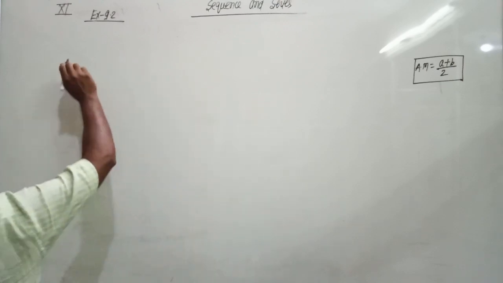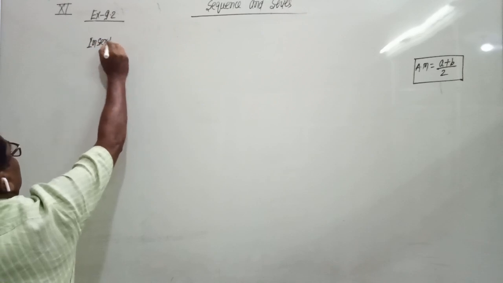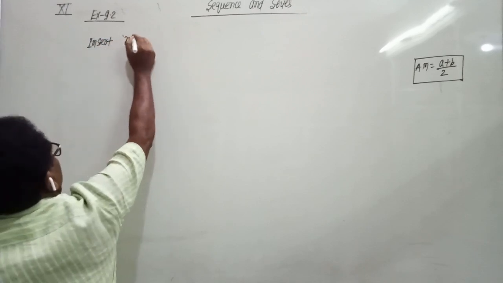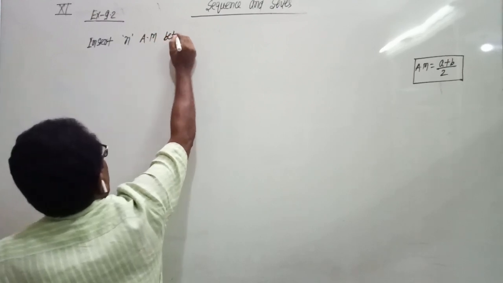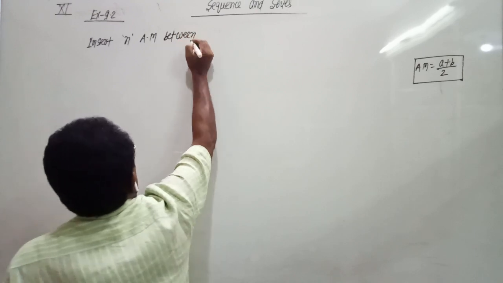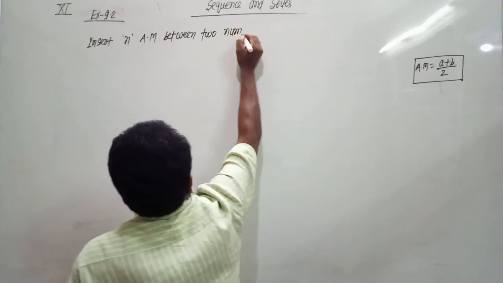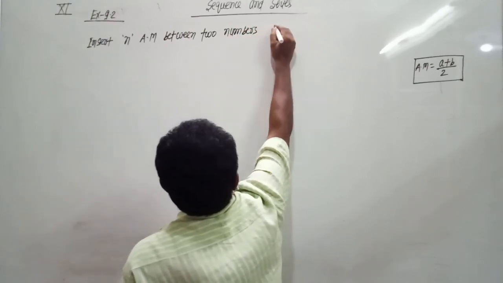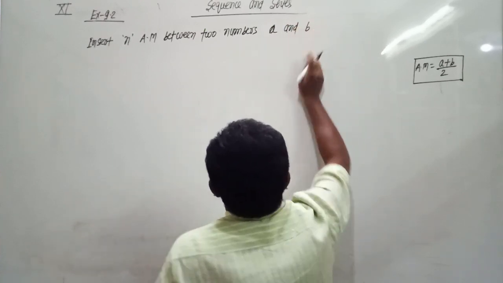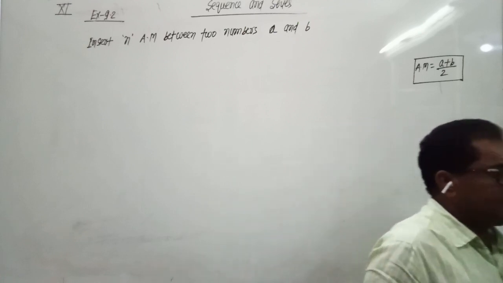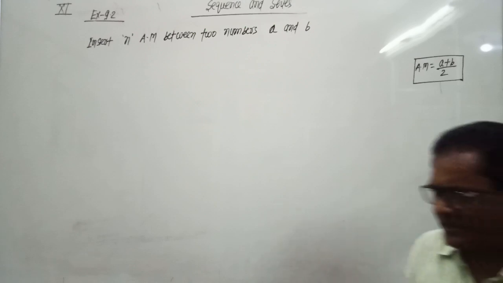Now we see how to insert n arithmetic means between two numbers A and B. Suppose there are two numbers A and B, and we have to find arithmetic means between these two numbers.